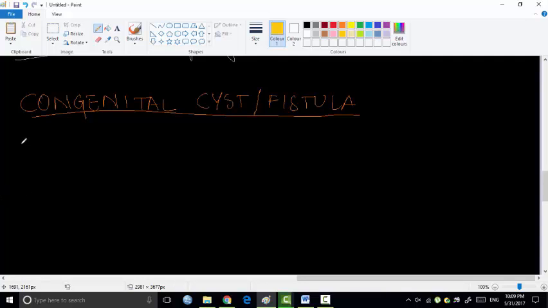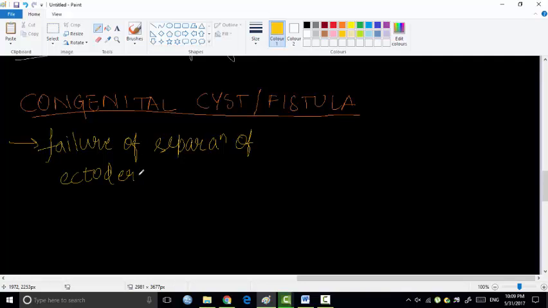So here, why does this congenital cyst or fistula occur? This occurs if there is failure of separation of ectoderm from dura. There is the dura mater, and over that there is ectoderm.